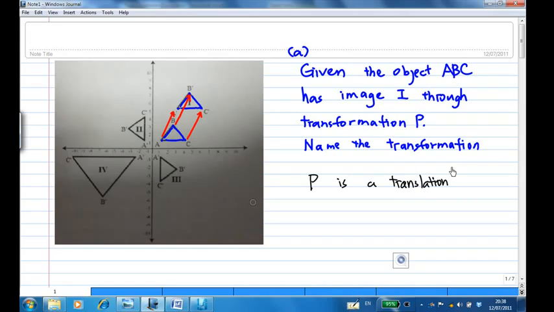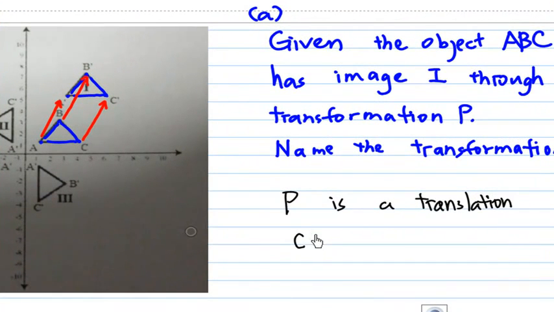For more detail, you can say that, for example, C is the point x equal to 4, y equal to 1. C prime is a point x equal to 6, y equal to 5.